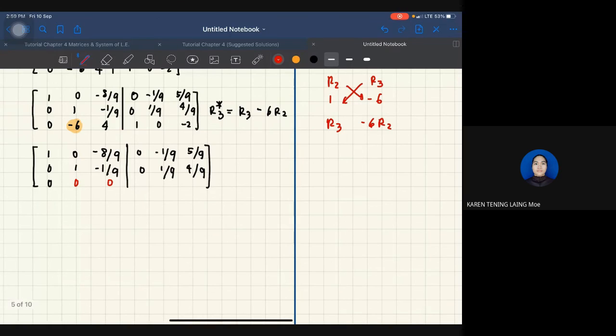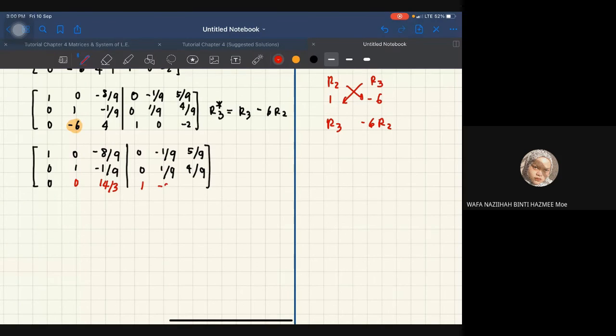Okay, lagi. Negatif 2/3. Finally, lastly, row 3 is negative 10/3. Okay, good. Alright, so semua orang dapat jawapan yang sama tak?